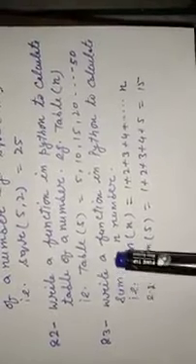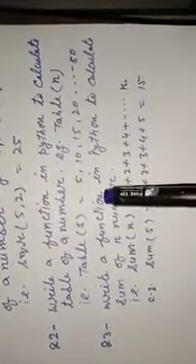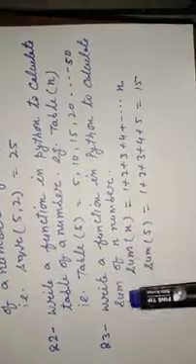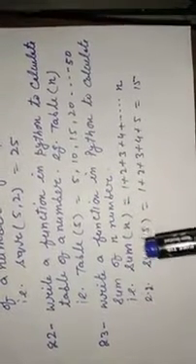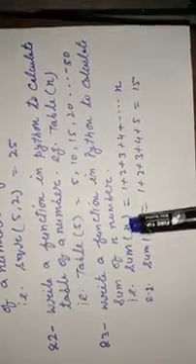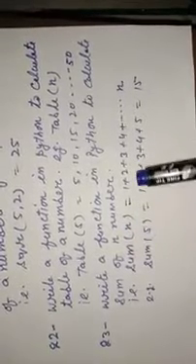And the third question is, write a function in Python to calculate the sum of n numbers. If you define a function sum_n, where n is the argument, then it will print the result.